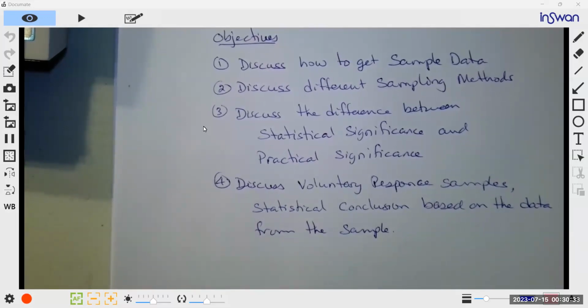No, the graphing is later on. Okay, so these are pretty much our objectives here.